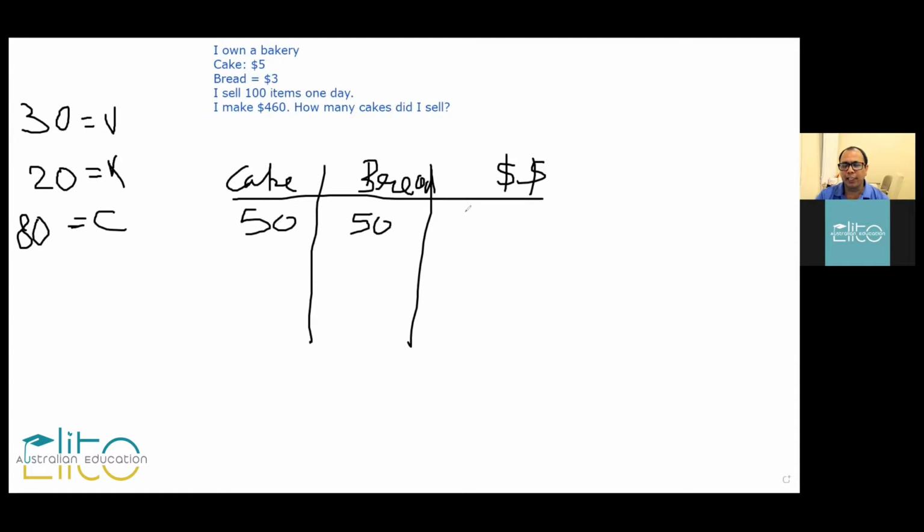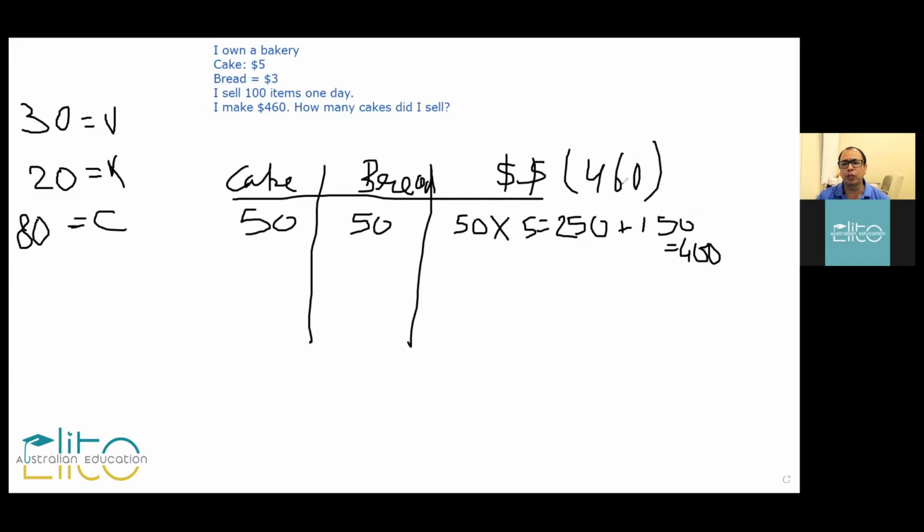Now we sold 50 cakes, so that is 50 times 5, 250. And 50 breads, that is another 150. So that gives me $400.